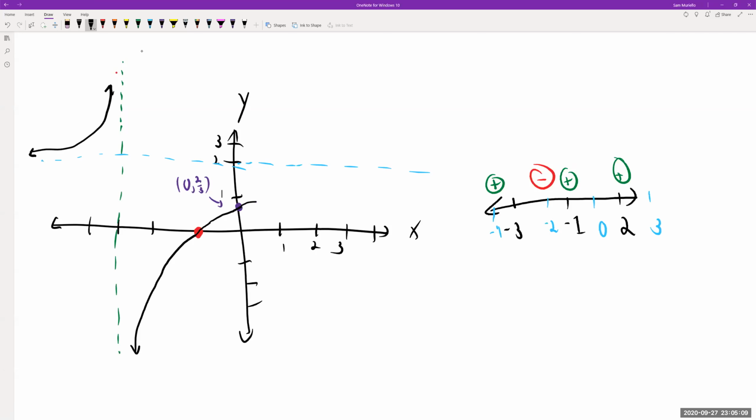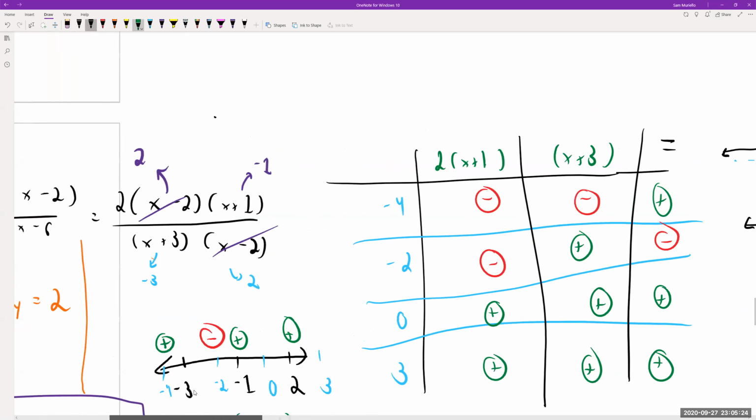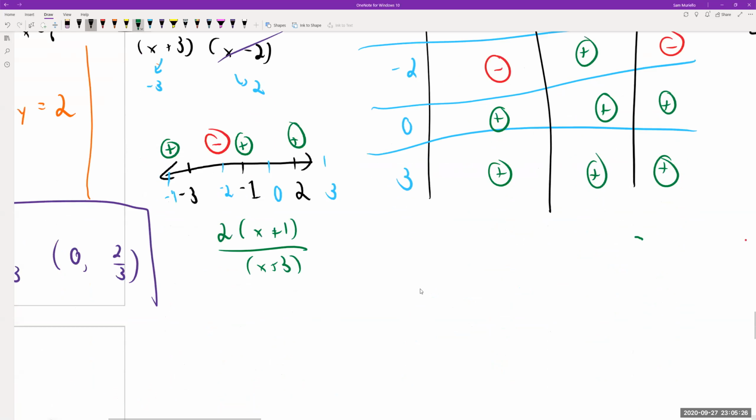The only other thing we'll need to be careful of is marking off the hole at 2. We could figure out what the y value at 2 is supposed to be by plugging 2 into the simplified function. Over here, we had the simplified function. So if we plugged in 2 here, 2 times 2 plus 1 over 2 plus 3 gives me 5 over 5... rather, 2 times 2 plus 1 is 5, over 5 gives 6 over 5.